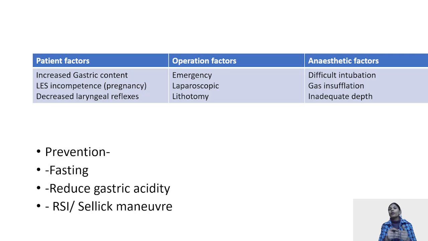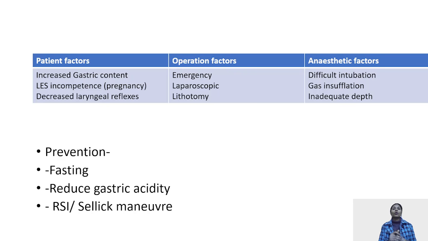The predisposing factors you all have to remember are two: gastric volume more than 25 ml increases the risk, and pH less than 2.5. When we talk about the pediatric patients, it is 0.4 ml per kg.